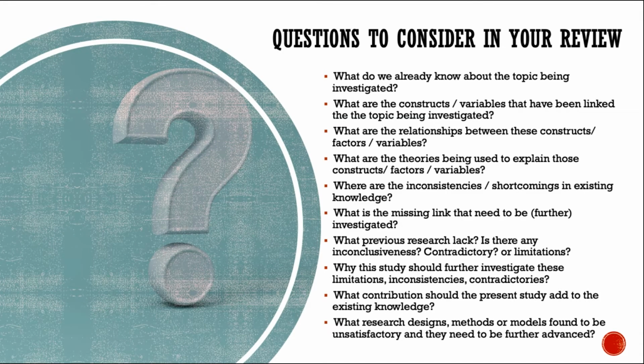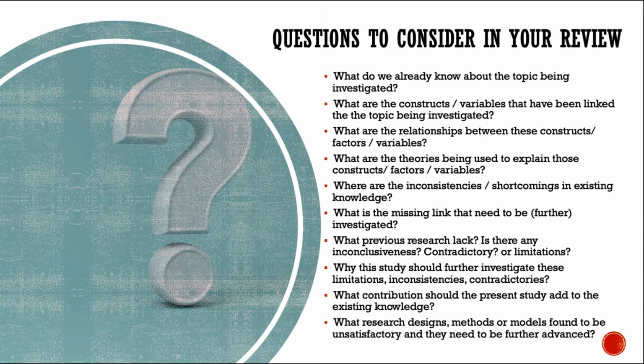It is very important when you do your literature review that you keep in mind some questions that you need to answer adequately, in order to have a very effective and significant literature review. One of the questions you start with when you are reviewing the articles, previous empirical studies or theories: what do we already know about the topic being investigated?